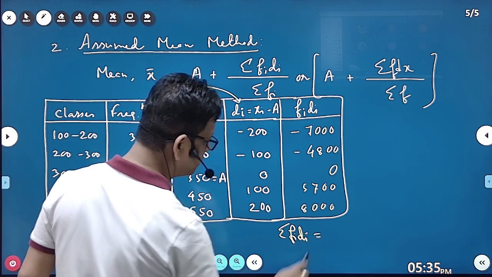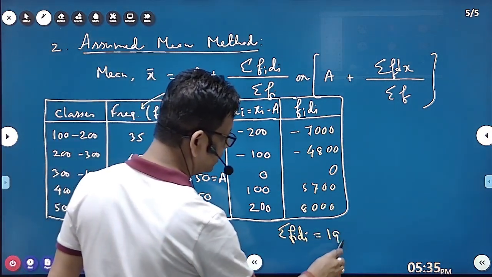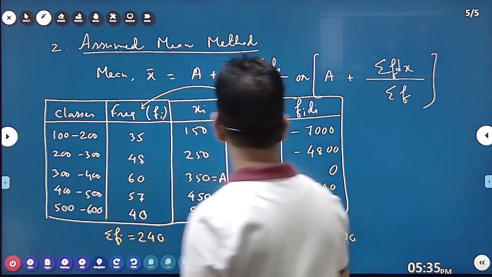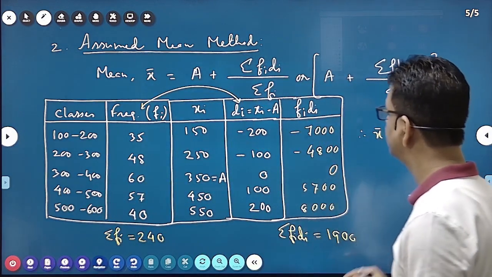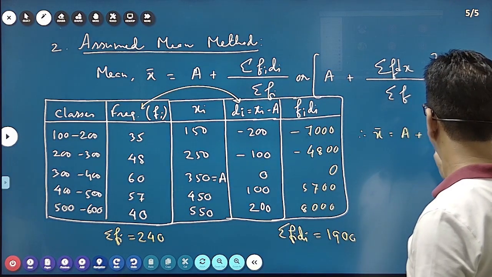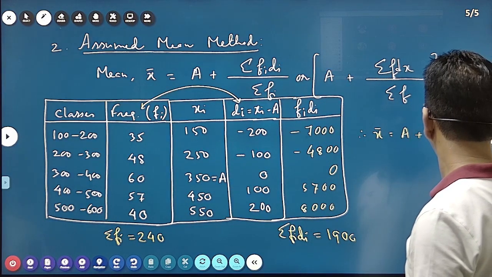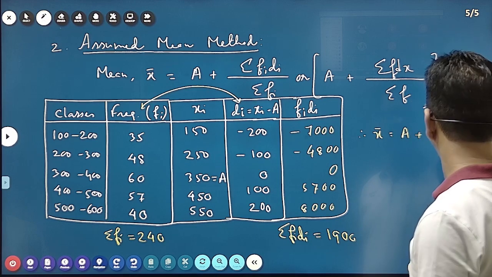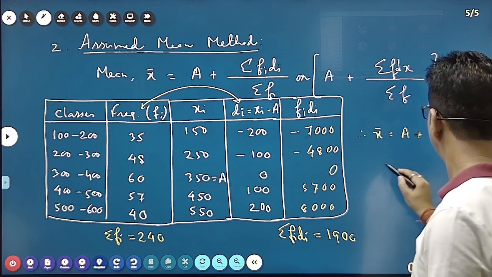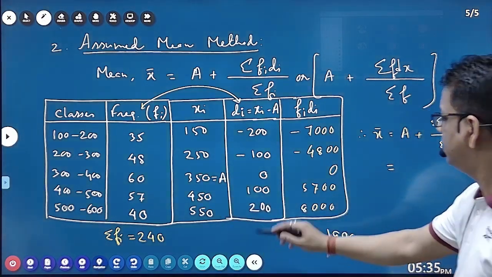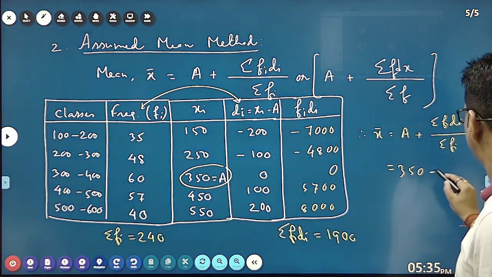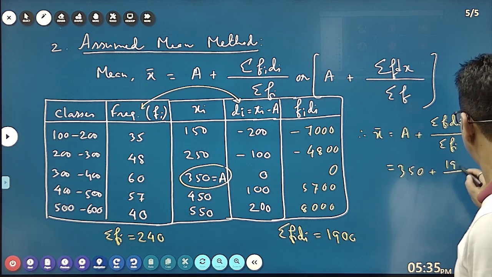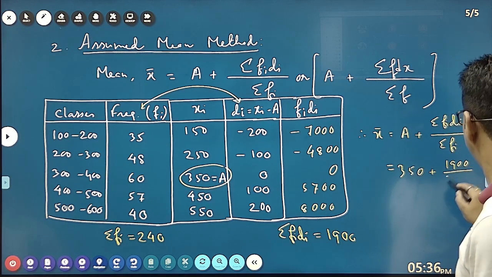How much? 1900. Now the question is finding the mean. So it was a plus summation of FiDi divided by summation of Fi. A, we had this number 350, yes or no, plus summation of FiDi 1900 by summation of Fi is 240.